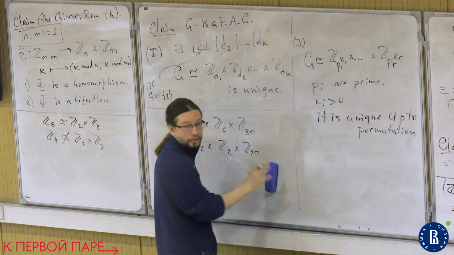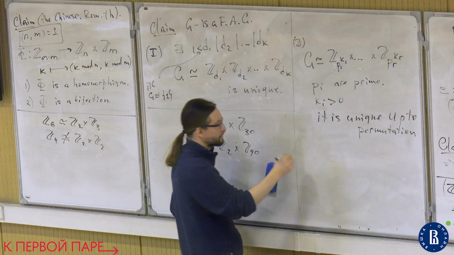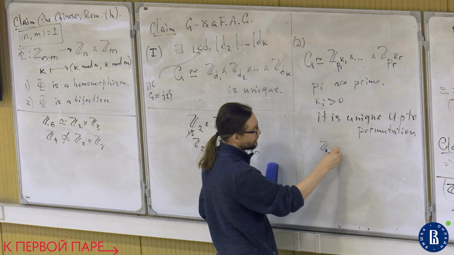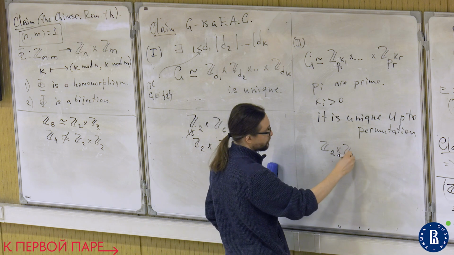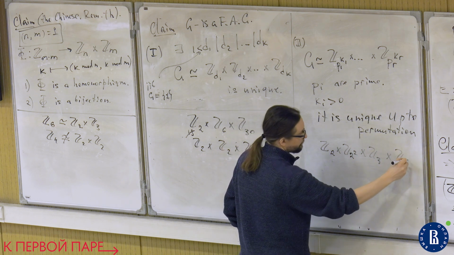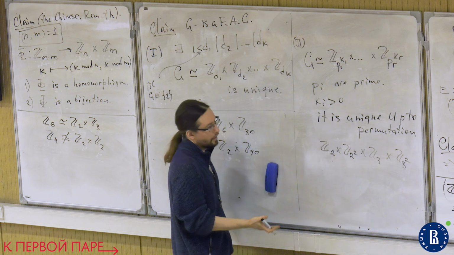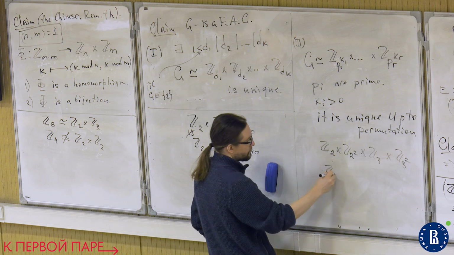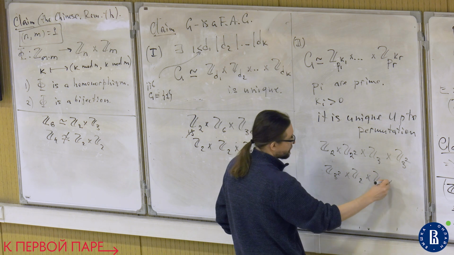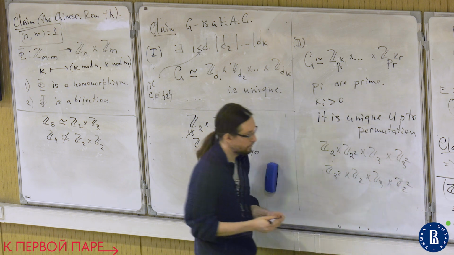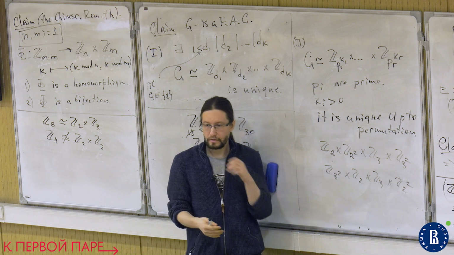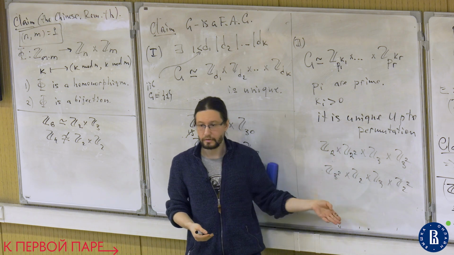Let me clarify what it means, just in case. For example, I can write something like this: Z2 times Z2 square times Z3 times Z3 square. I can rewrite it in the form Z3 square times Z2 times Z3 times Z2 square. I just apply a permutation of factors. It's clear that this is the same group.